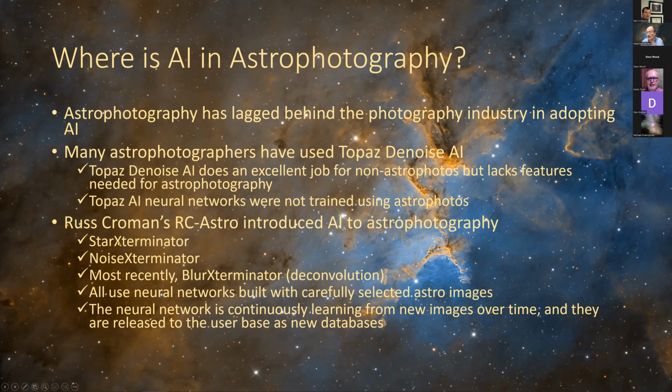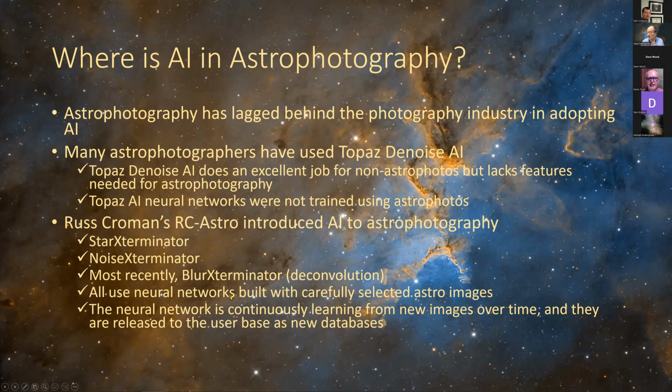So he's got Star Exterminator, which was one of the first ones that came out, and its task is basically to take a deep sky image and separate the structure from the stars. And then there's Noise Exterminator, which goes through and actually cleans up any noise found in the picture. And then most recently, the Blur Exterminator, which is the deconvolution module of what Russ Croman has developed.